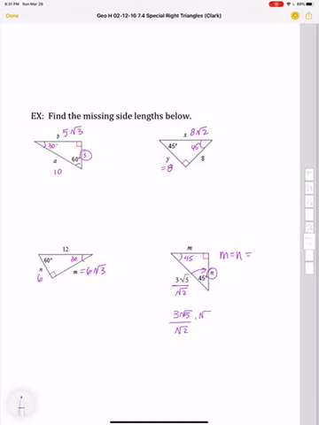I got to rationalize. So that's 3 root 10, you can multiply those because they're both radicals, over the square root of 4, which is 2. And that's all. You can't reduce. Yeah, so that's it. So 3 root 10 over 2. Oh, ugly number.